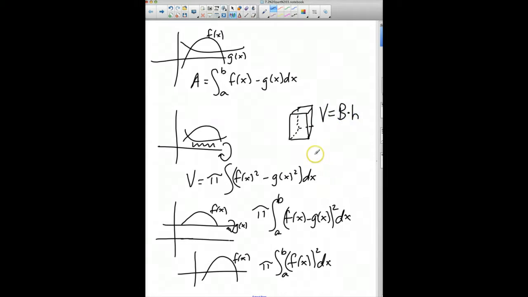What we're going to do is use the formula for area of the base, and then our height is going to be a very, very tiny height. So we're going to have the area of the base times the height of many, many different little rectangular prisms, all of these little tiny heights, and we're going to add all of them up.